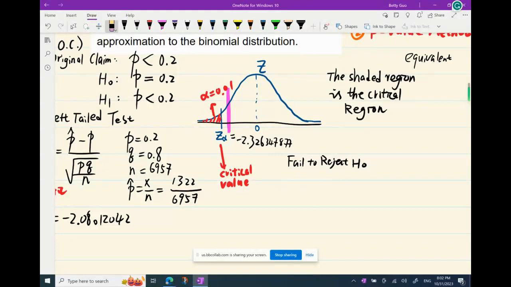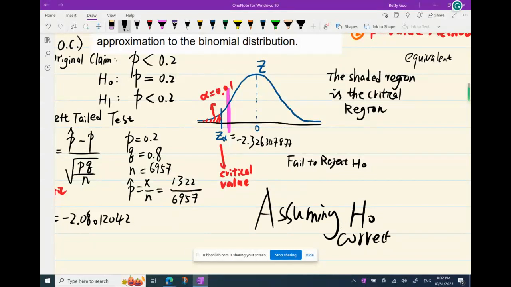You have an assumption: all hypothesis tests start from assuming H sub 0 is correct. Suppose the test statistic falls in a critical region, that means a rare event occurs.